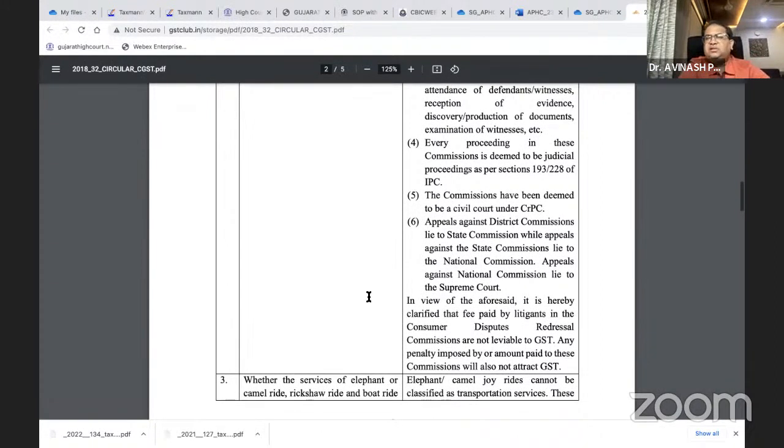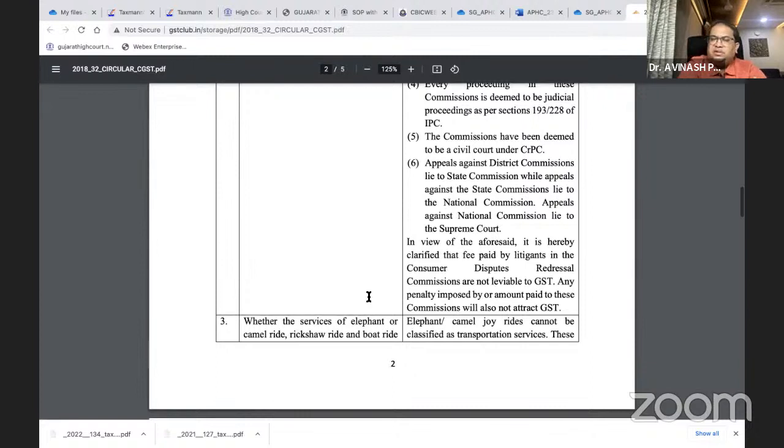Every proceeding in these commissions is deemed to be a judicial proceeding as per sections 193, 219 and 228 of the IPC. The commissions have been deemed to be a civil court under CrPC. 5. Appeals against district commissions lie to the state commission, while appeals against the state commissions lie to the national commission. Appeals against the national commission lie to the Supreme Court.